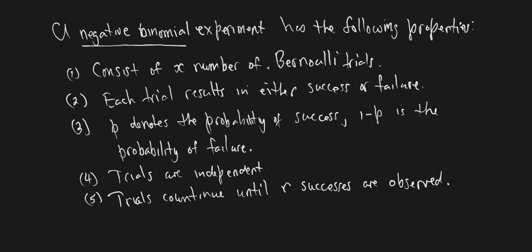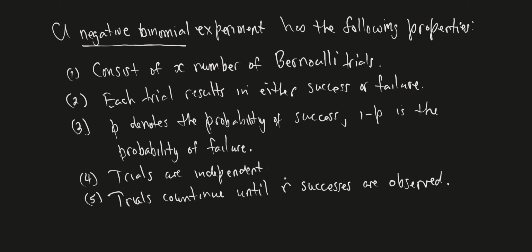Now we're saying that we don't know how many trials, which is why we're using our little x here. We don't know how many trials we'll have to perform. However, we're going to continue performing those trials until we observe a set number of successes.